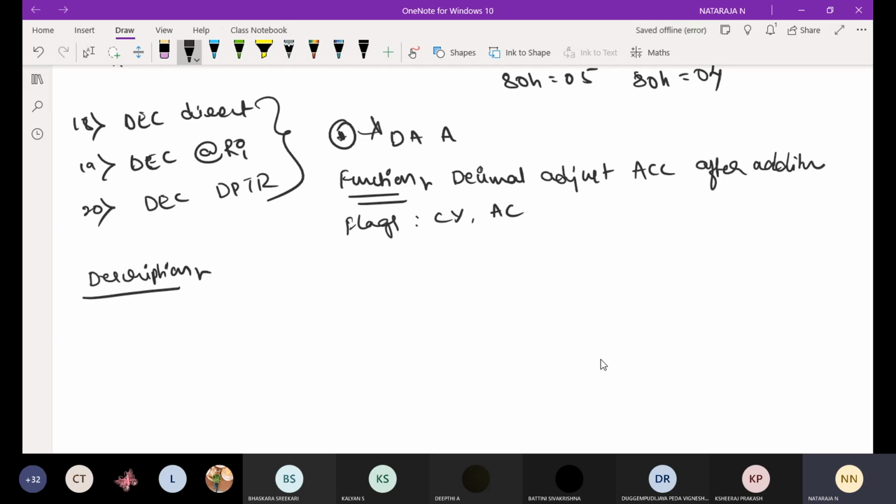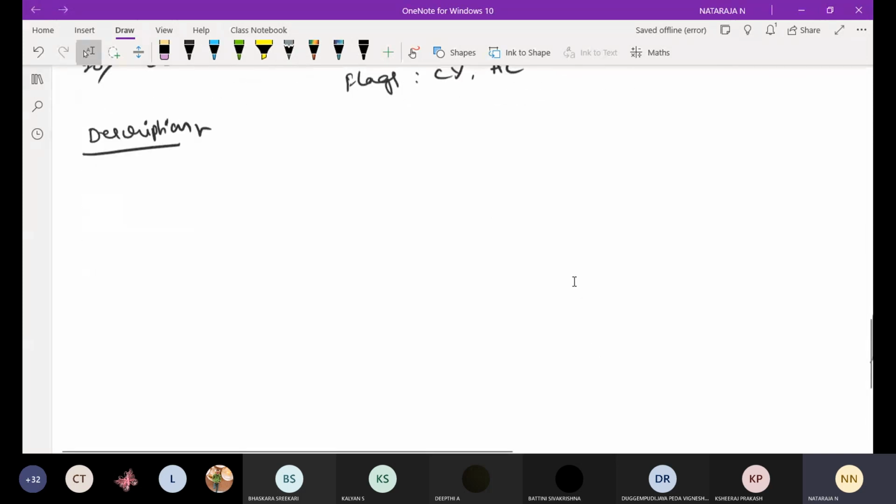It's an important instruction. Many times they ask for 6 marks in the exam, only this instruction. You have to explain this instruction in detail. Make a note of this. This instruction is used after addition of BCD numbers.